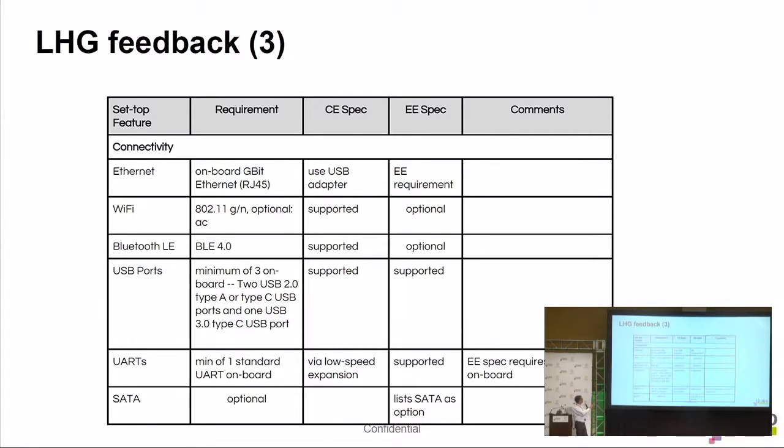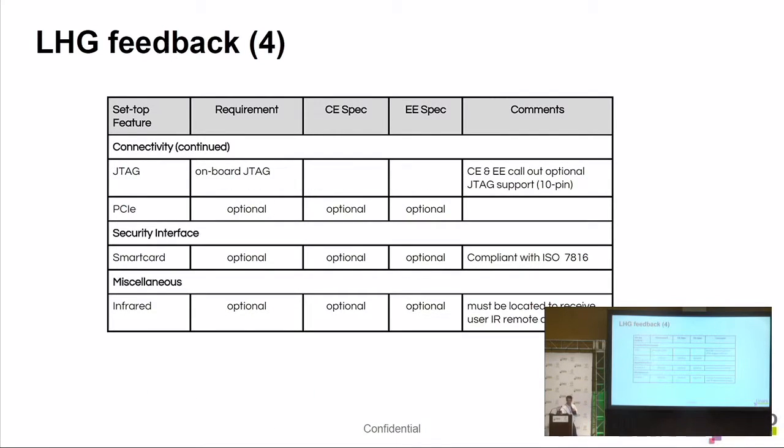again, this is for my committee to decide, but we're essentially taking this list of items and just narrowing it down. Do we want JTAG, PCIe? One of the things that came up was security for smart card, and even having infrared for the remote control. That's still a staple on a lot of the set-top boxes.